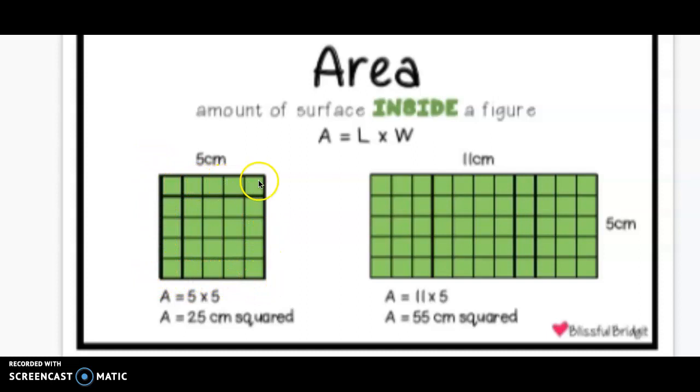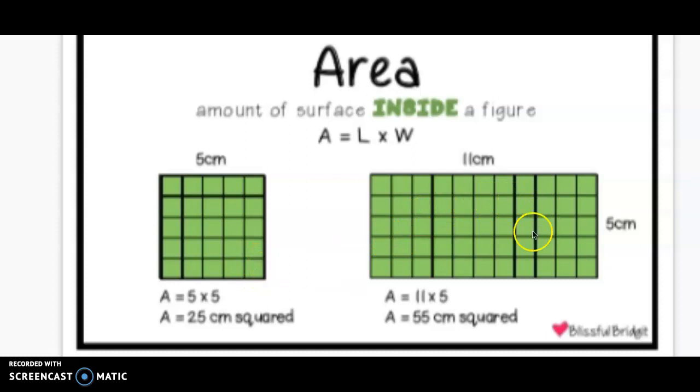And it is 5 rows of 5 units, and in this case they're telling me that each of these is a square centimeter. So if I have 5 rows of 5, that is 5 times 5, and we would say our area is 25 centimeters squared, or square centimeters, right? Each one of these units.